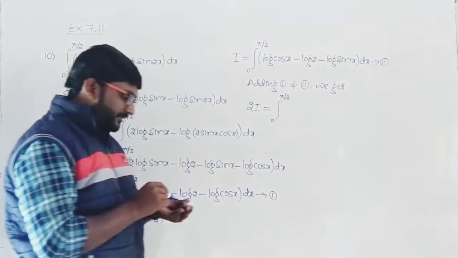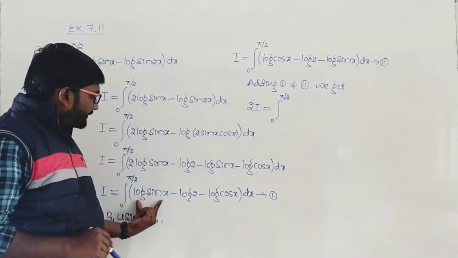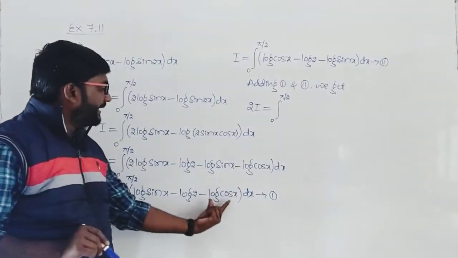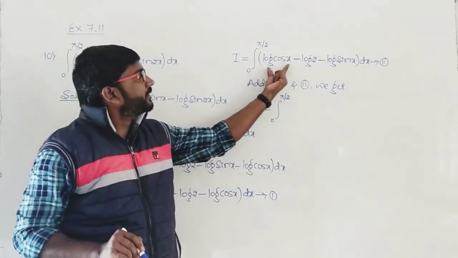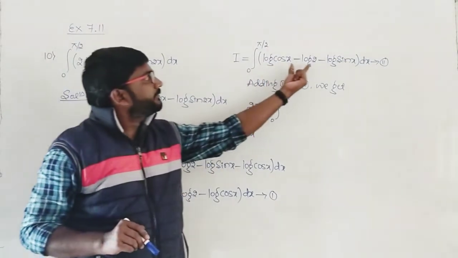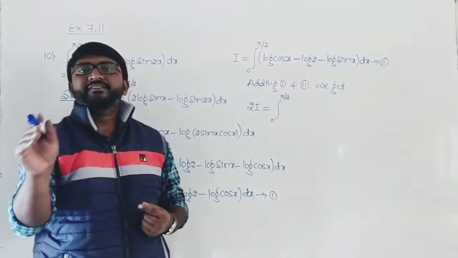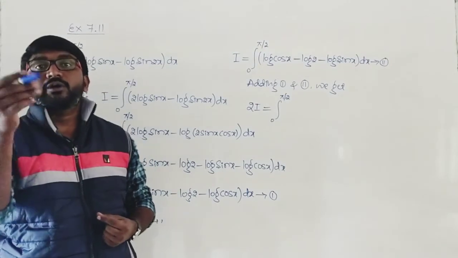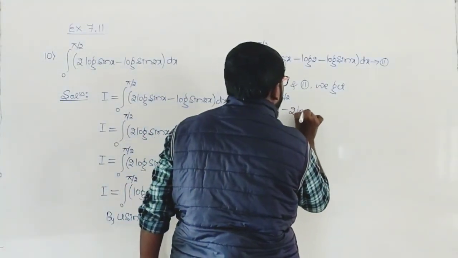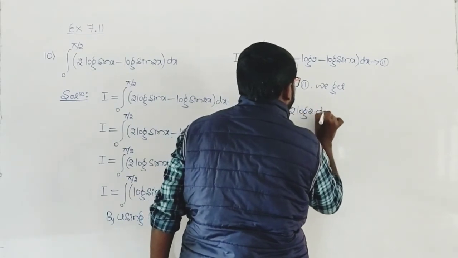If you add these two integrals, log sin x and minus log sin x get cancelled, and then minus log cos x plus log cos x get cancelled. Here we have minus log 2 and here we have minus log 2. Minus log 2 minus log 2 will give us minus 2 log 2 dx.